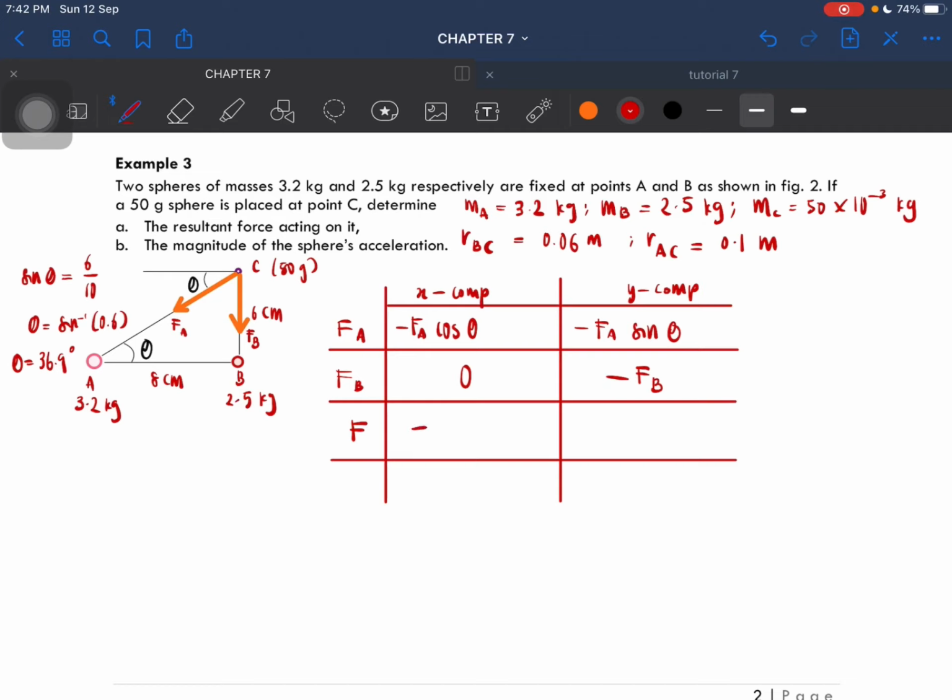You should get the force in the X component to be equal to 8.56 times 10 to the negative 10 Newton.